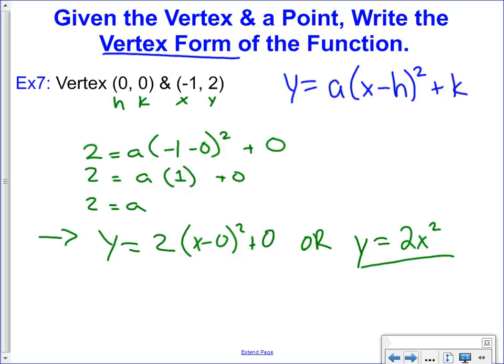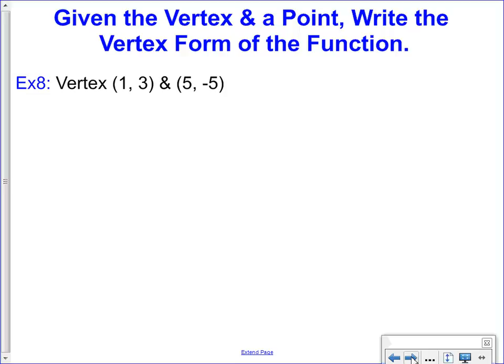Okay, let's do it again. Here we go. We have the vertex, which is h and k, and x and y.